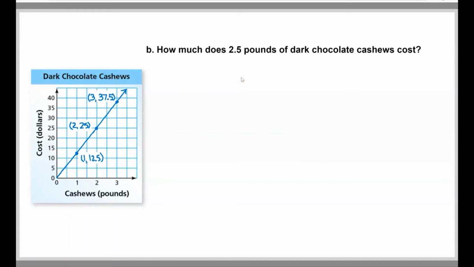How much does 2.5 pounds of dark chocolate cashews cost? Well, we can see on our graph, we're going to find 2.5 pounds of cashews, which would be right here. And if we follow that up, we'll see that it looks to be between 30 and 35, maybe slightly less than half. So I might say $32 there.